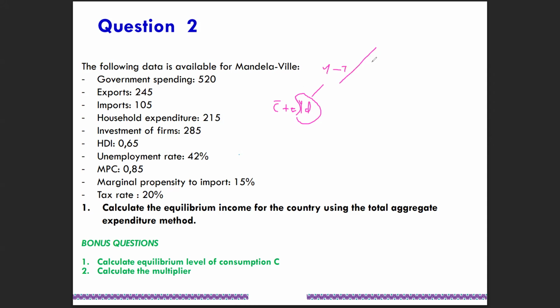or you can say 1 minus T times Y, right? And then our autonomous consumption, we're given just the household expenditure, which is 215. So we're just going to take it as it is. We're going to say 215.